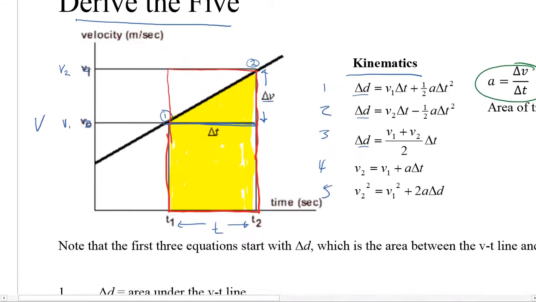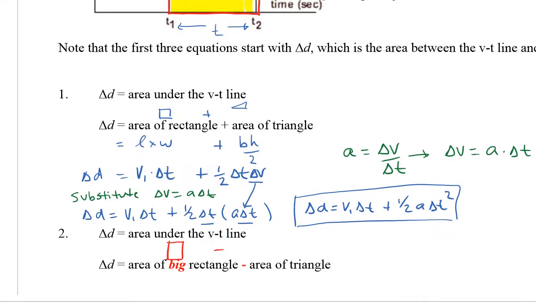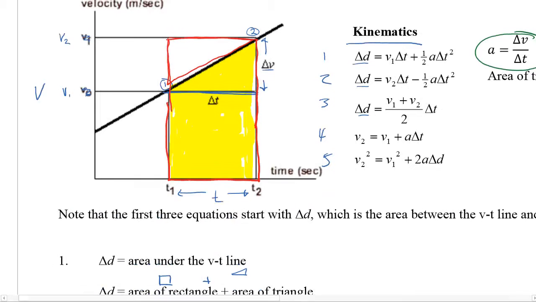Now the triangle part that we're going to subtract would be this triangle here. So instead of adding, we're going to be subtracting this one up here. The area of the big rectangle, the base is still delta T, but now the height, instead of being V1, the height is V2.